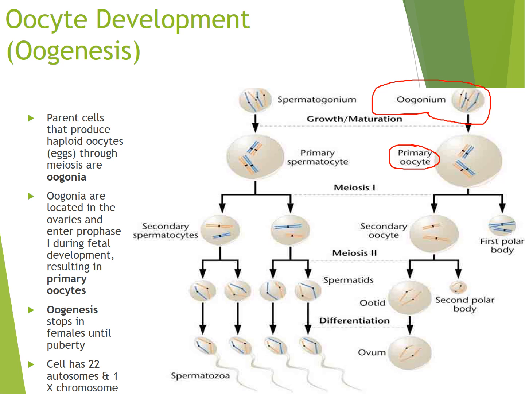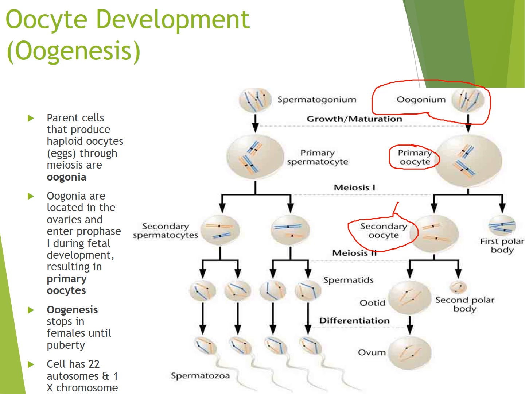And so here's the next thing that I circled. Primary oocytes stay in prophase 1 until the female reaches puberty. And so each month, a number of primary oocytes begin to mature, and usually only one of them becomes a secondary oocyte. So here's the next thing I circled.